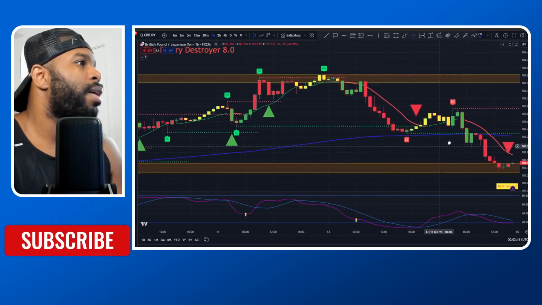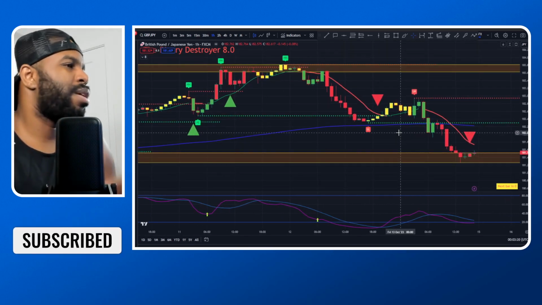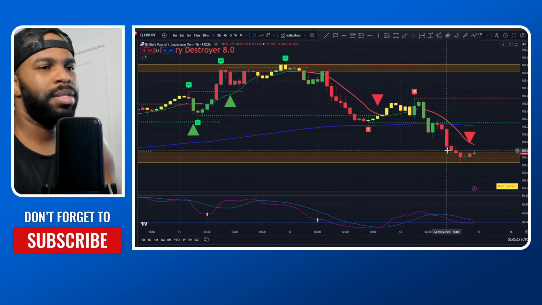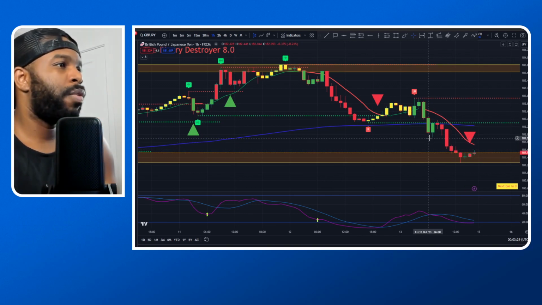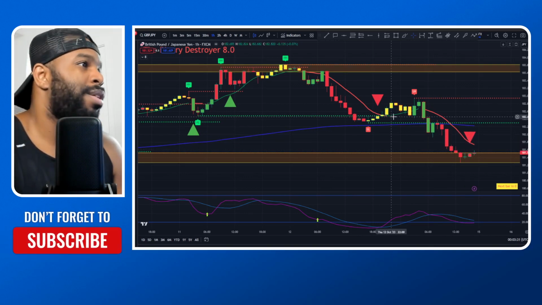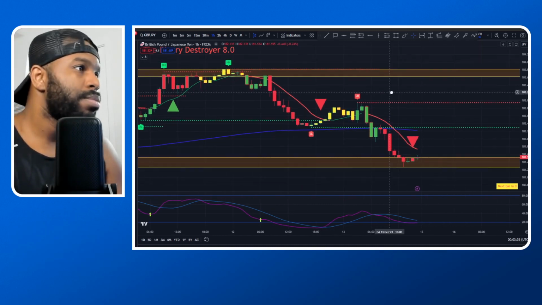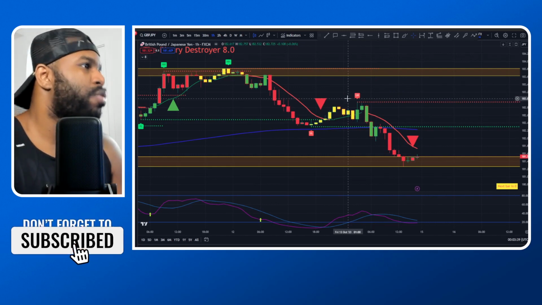You might be wondering how I can tell what session I'm in. Well, I got these candles color coded. The red candle means I'm in the New York session, the U.S. session, the green candle means I'm in the London session, and the yellow candle means I'm in the Asian session. So that's how I can tell what session I'm in when it comes to me trading.